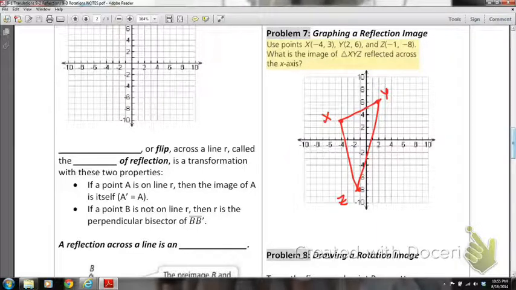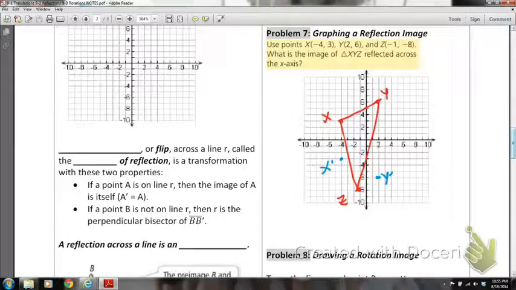So to reflect this image across the x-axis, we're going to reflect each point that is a vertex of this triangle. X is currently 3 units above the x-axis, so X prime will be 3 units below the x-axis. Y is 6 units above the x-axis, so Y prime will be 6 units below the x-axis.